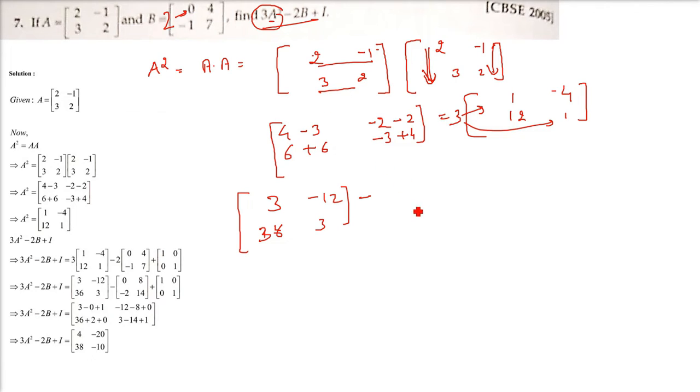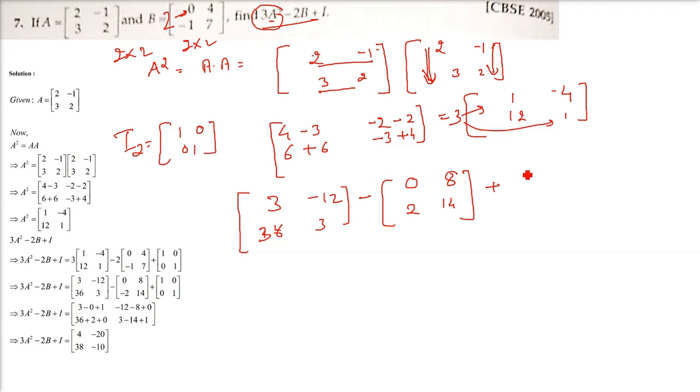I'm multiplying each and every element with 2: 0, 4, -2 and 14. This is a 2 by 2 matrix, and this is also a 2 by 2 matrix. So what is I2? The diagonal has to be 1, others have to be 0. So this is the final thing.